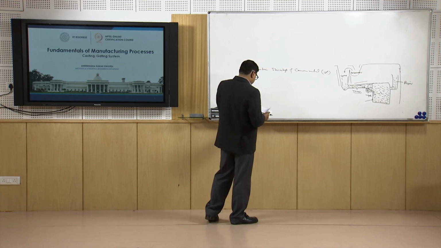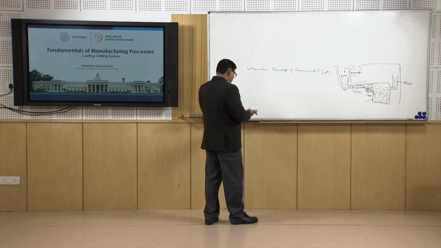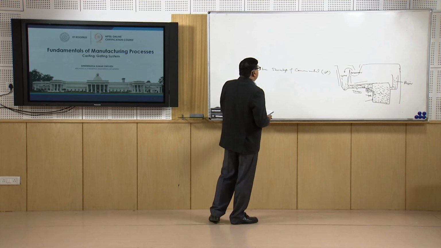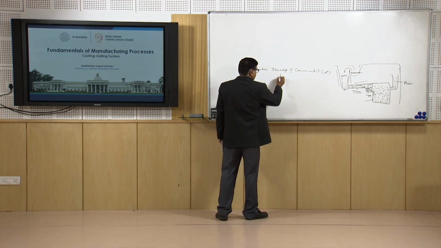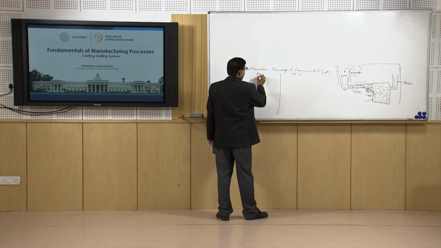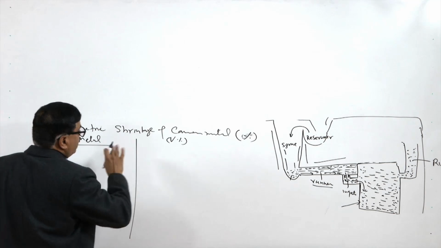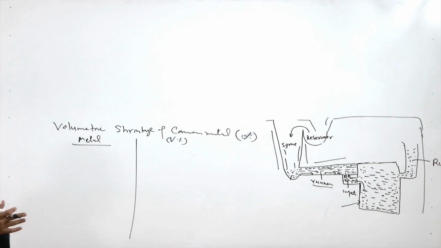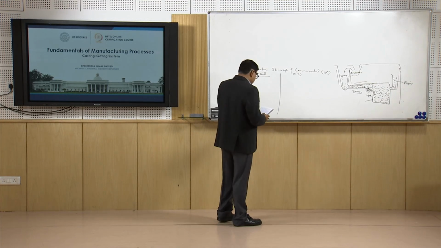And for this purpose, what basically we use is the shrinkage of the different metals. So, here this is the volume percentage, and here we have the metals. The metals having the higher volume percentage shrinkage need much larger reservoir as compared to those which will be having the low volumetric shrinkage.